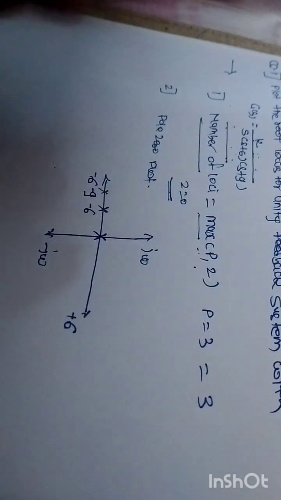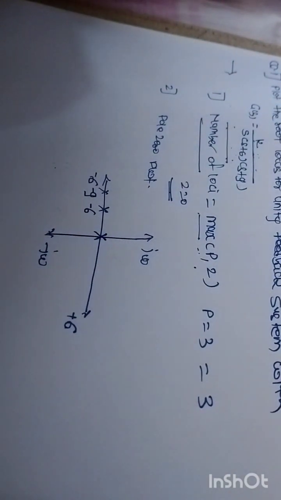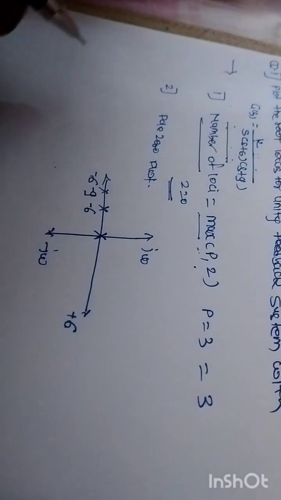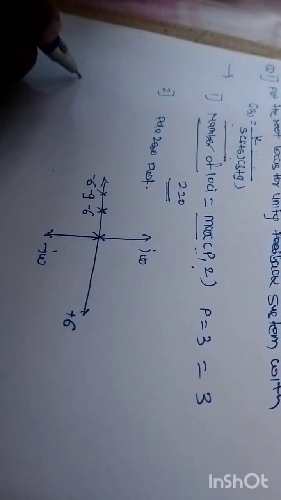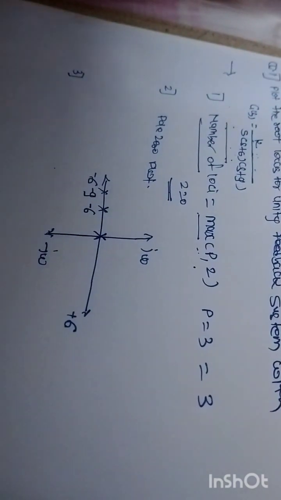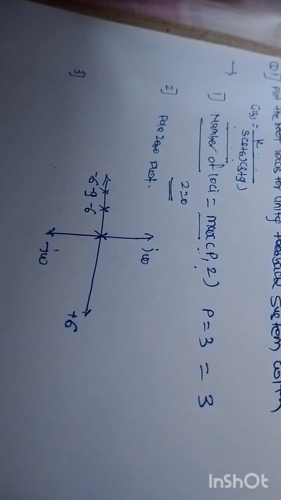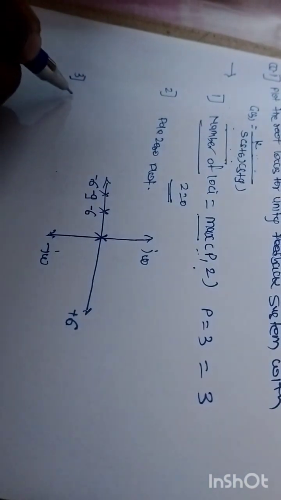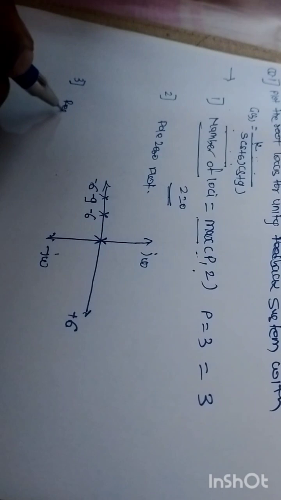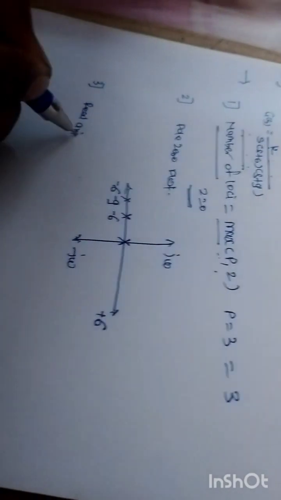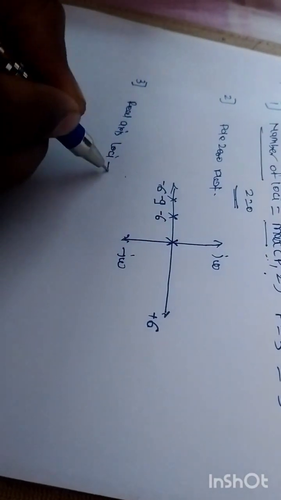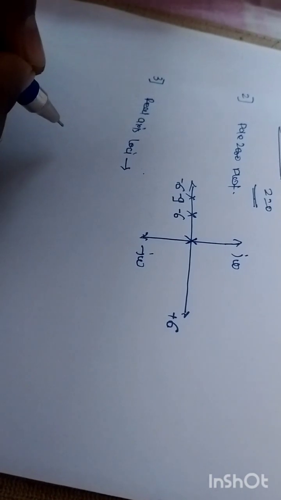Later, I will tell you the significance of this rough pole-zero plot. After that, we follow step number 3, in which we need to determine how many real axis loci we have.